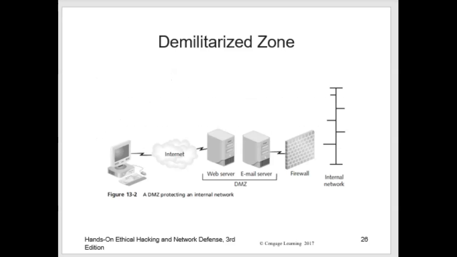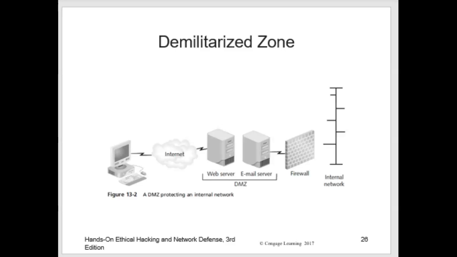A DMZ is that perimeter network that protects the organization's internal local area network, or LAN, from untrusted traffic. The end goal of a DMZ is to allow the organization to access untrusted networks like the internet, while ensuring its private network or LAN remains secure.